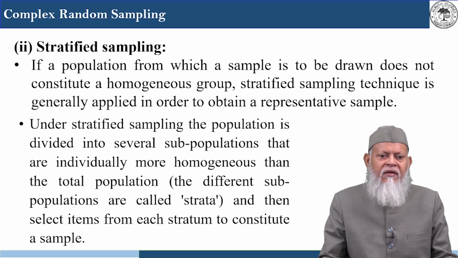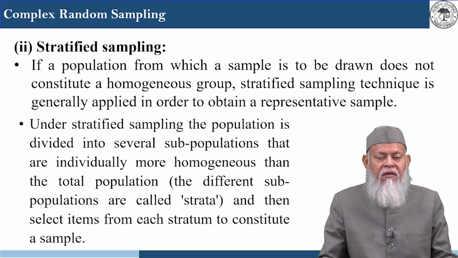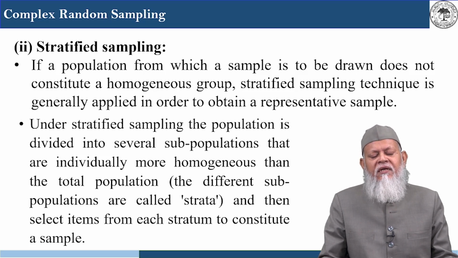So, we can have these substrata based on the faculty, or the department, or the course that is run by the university. These strata or subpopulations are first to be made, and then the researcher has to select members or items from each stratum to constitute a sample.